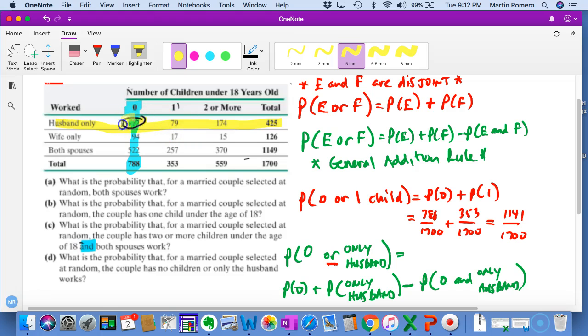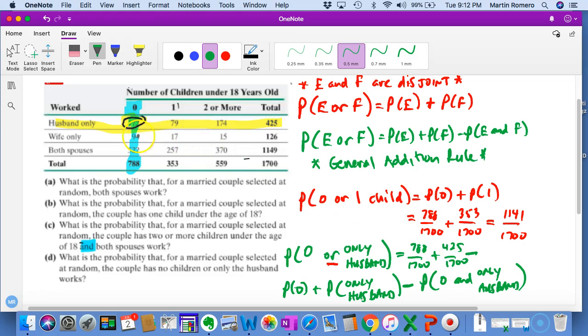And so notice here there is overlap. So in order to calculate this probability, what we would do is the probability of 0 children, again, is going to be 788 out of 1700, plus the probability of the only husband working, which is 425 over 1700, minus, and again, this is because there's overlap, these events are not disjoint.